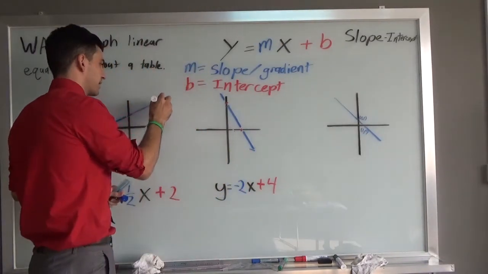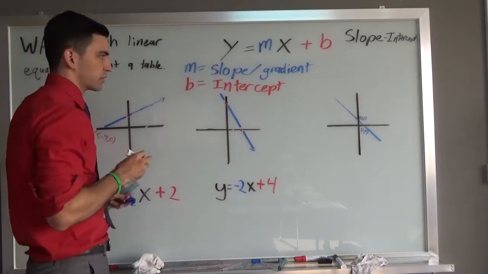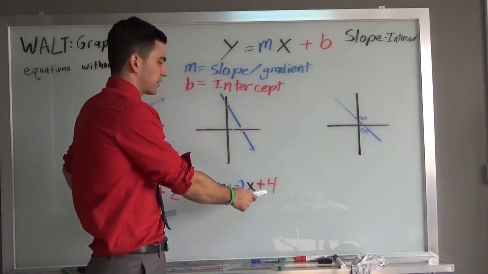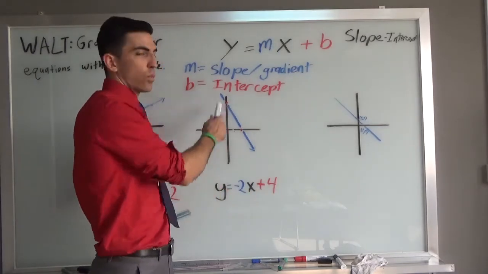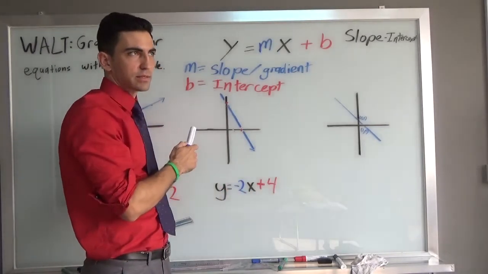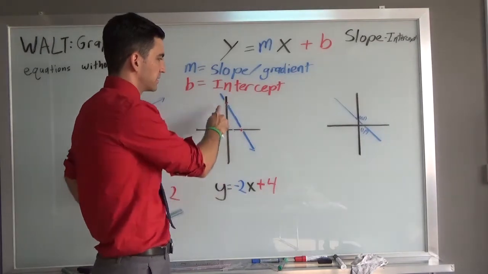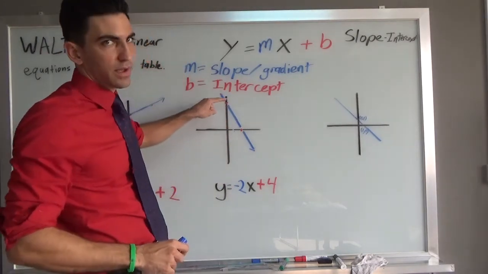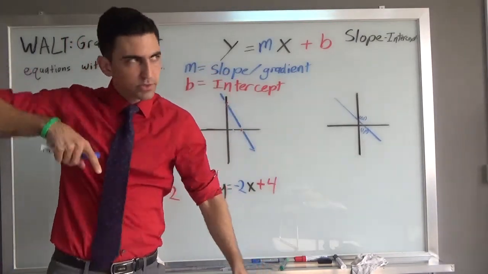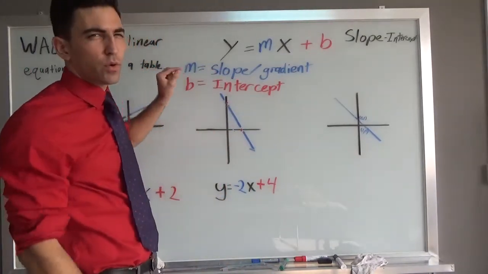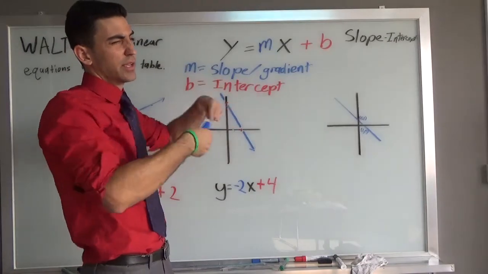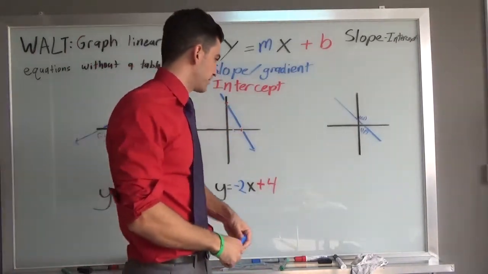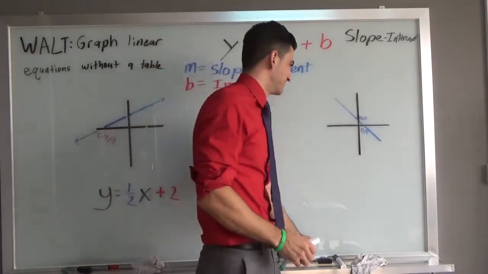In fact, I could put arrows to show that they go on forever. So it crosses the y-axis at (0, 4), and we have a slope of -2, so it's pointing down 2. If you were going from the left to the right, you would be tumbling down a hill. It would be a negative experience, right? That's one way to think of it.